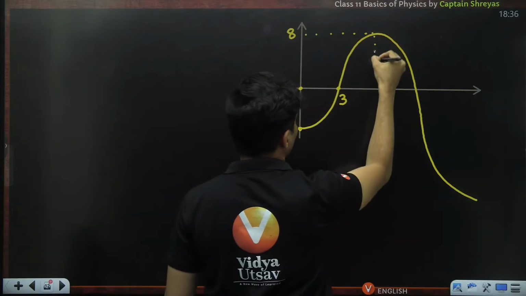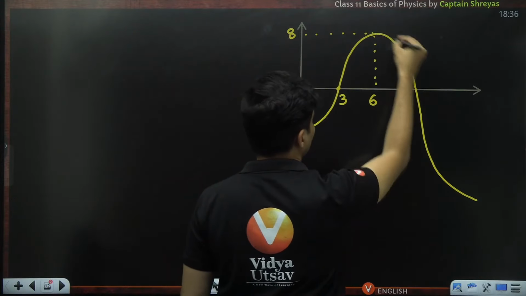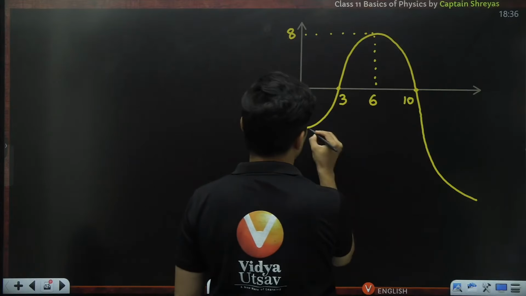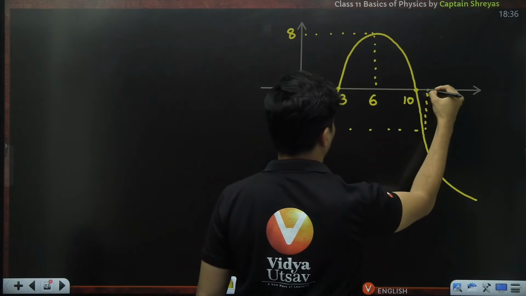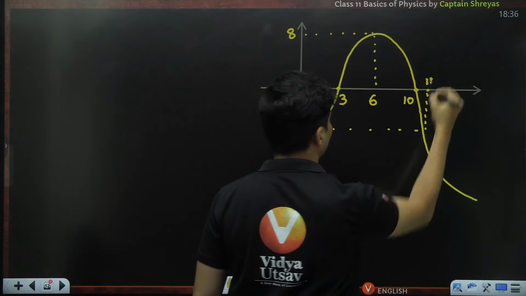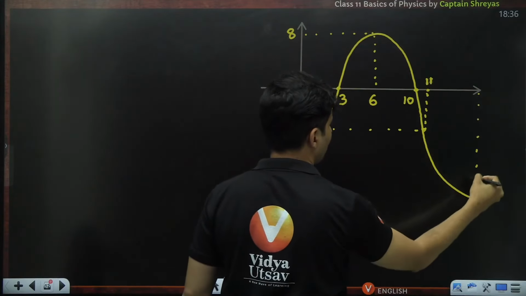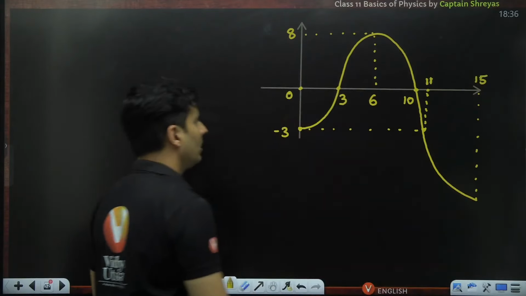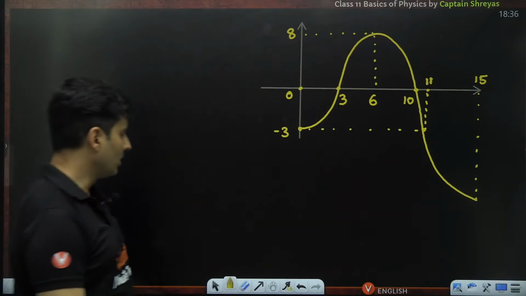And let's say this is maybe 6. Let's say this is 10. Let's say this is 11. I have just put some values, and maybe over here this is 15. So some random values I have taken of a random curve.